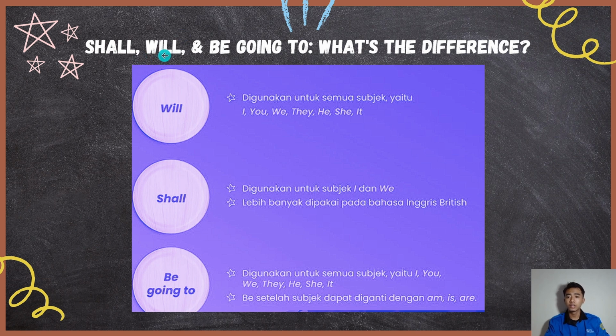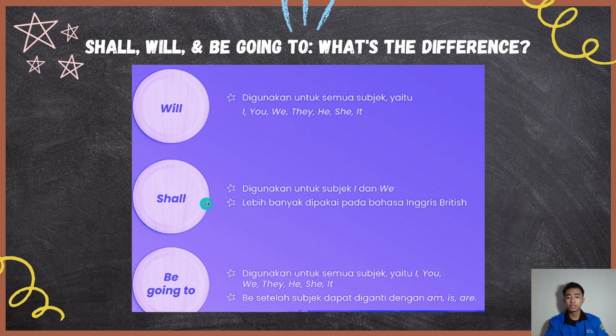So okay, shall, will, and be going to. What's the difference? Okay, if you use will, this is used for all subjects: I, you, we, they, he, she, it.